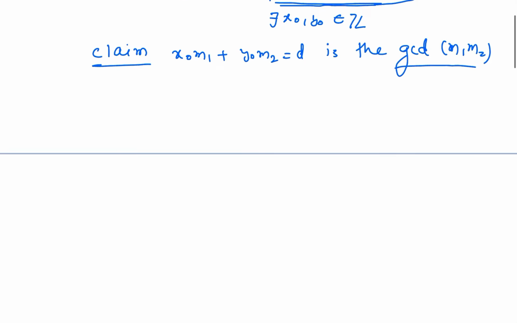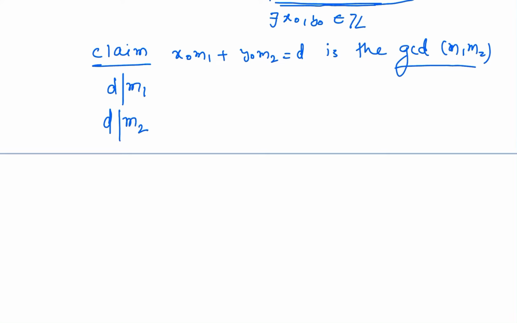To prove something as GCD, we need to prove three things. If we want to prove D as GCD, first we need to prove that D divides M1. Second, we need to prove that D divides M2.